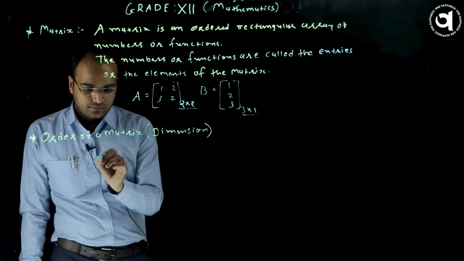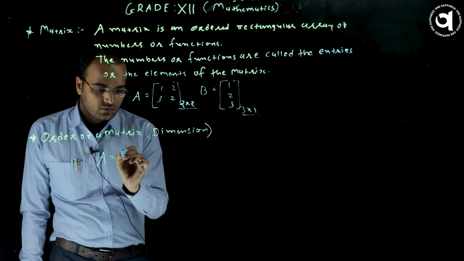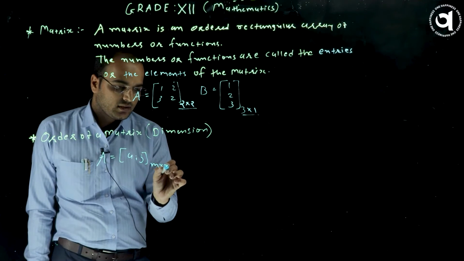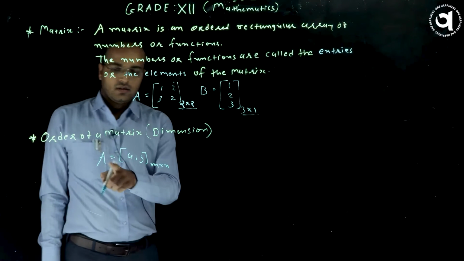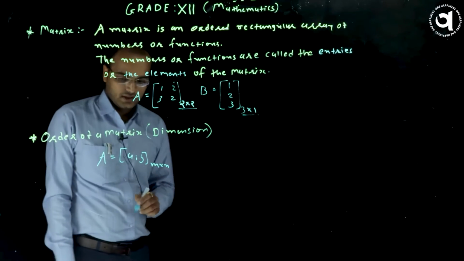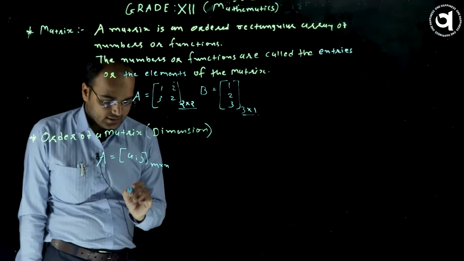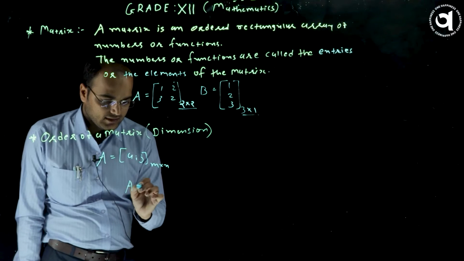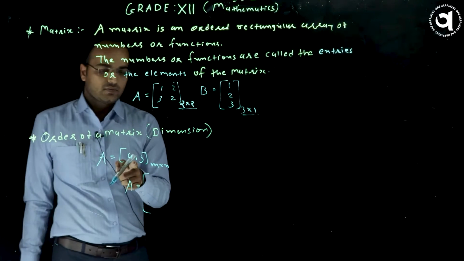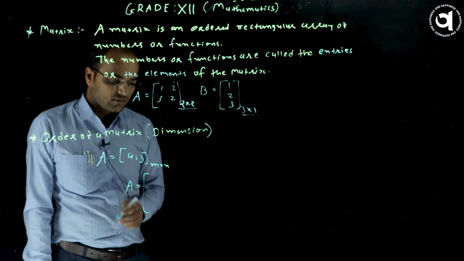Now in general, A equals [aij] m cross n. This means the matrix A has m rows and n columns. Now we express this matrix in general this way, where the symbol aij indicates i for row and j for column.